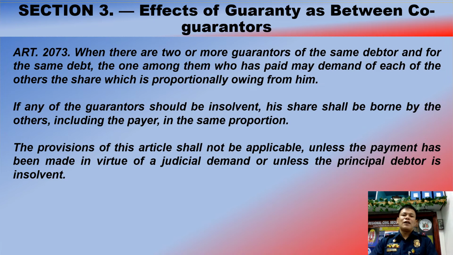If any of the guarantors should be insolvent, his share shall be borne by the others, including the payer in this same proportion. The provision of this article shall not be applicable unless the payment has been made in virtue of a judicial demand or unless the principal debtor is insolvent.